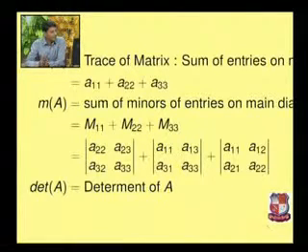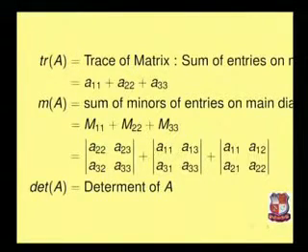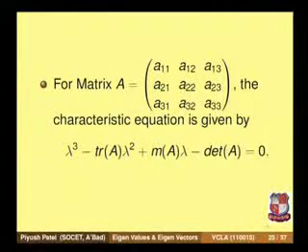So find out the minors and add them up. That addition will give you the m of A, and then finally find out the determinant of the matrix. These three quantities will give you the characteristic equation for the matrix of order 3. So simply you can remember it is lambda cube minus trace of A times lambda squared plus m of A times lambda minus determinant of A is equal to 0.